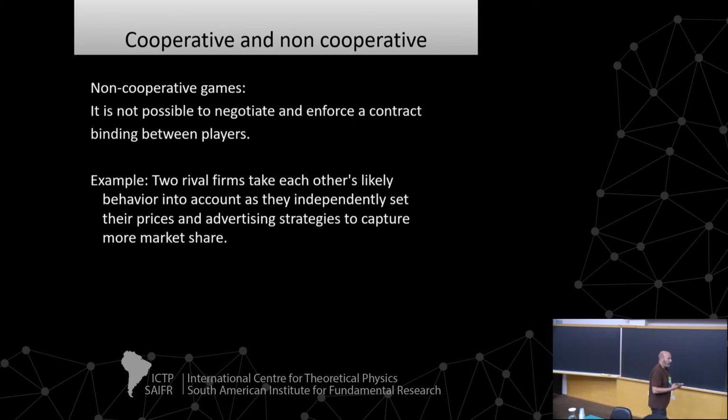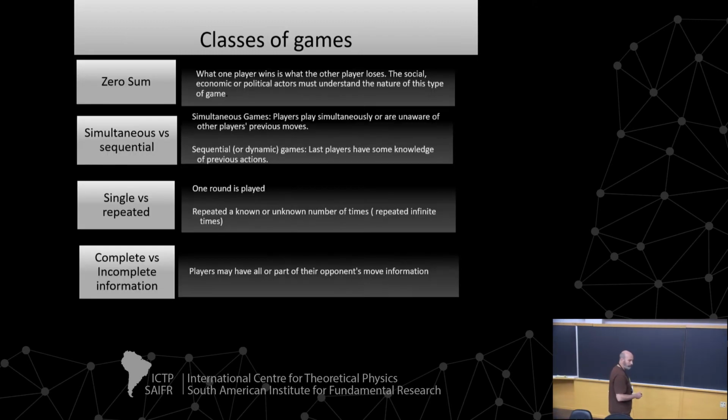So there are two firms that compete because they offer the same product, so they do not cooperate. Each of these firms just chooses its own strategy in order to get a bigger share of the market. Okay? So this is a non-cooperative situation.